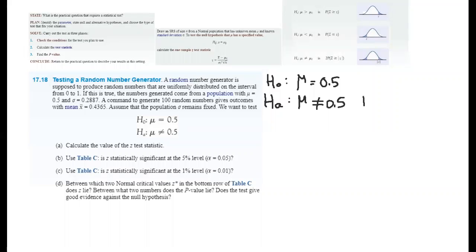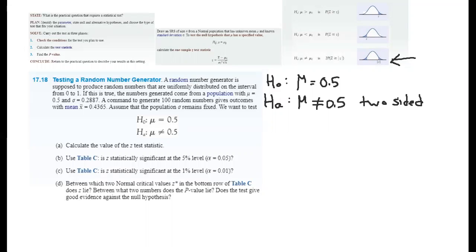So we know we have a two-sided test. So we'll be looking at both sides, the left and the right, for the critical region.